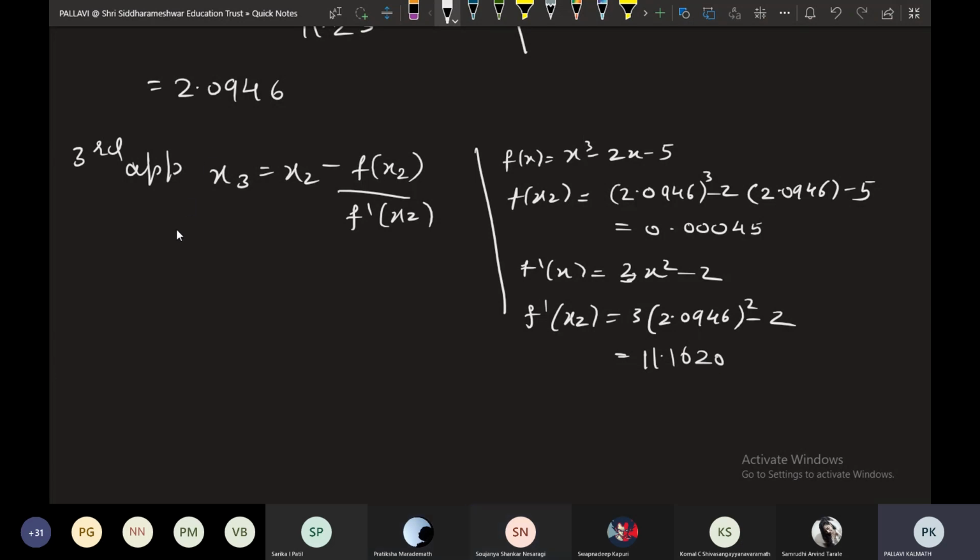So in the right-hand side you substitute x3 is equal to x2, 2.0946, minus f of x2 divided by f dash of x2.